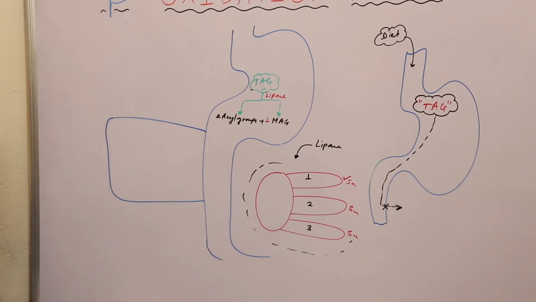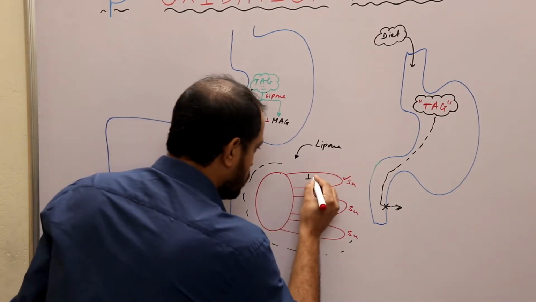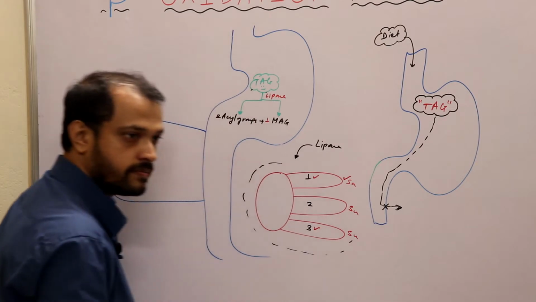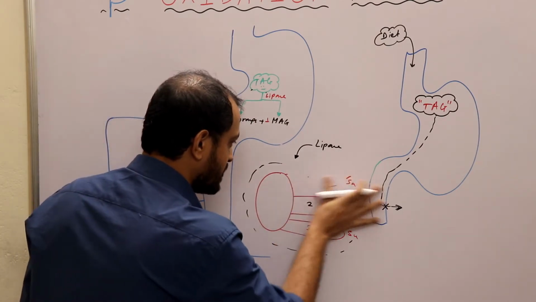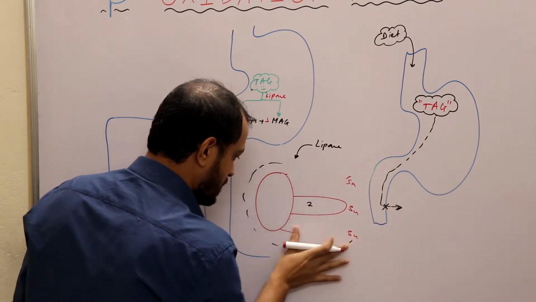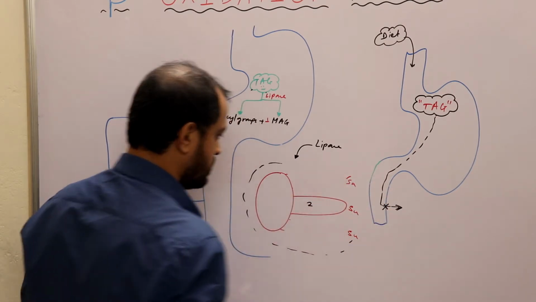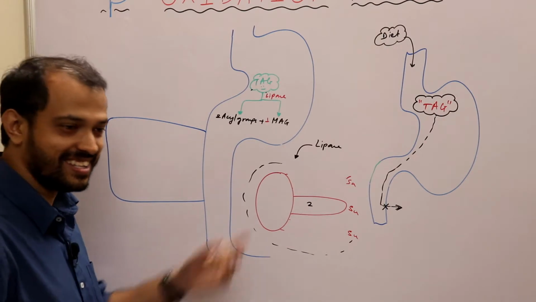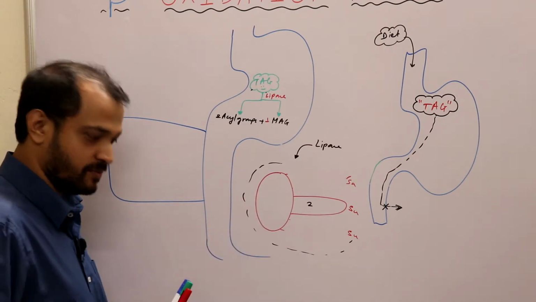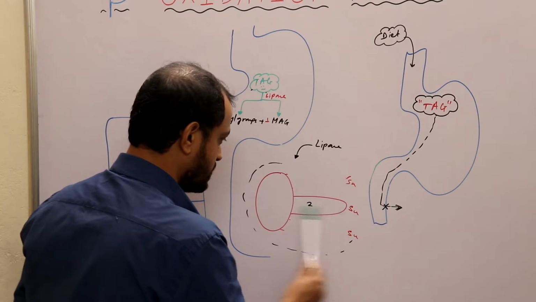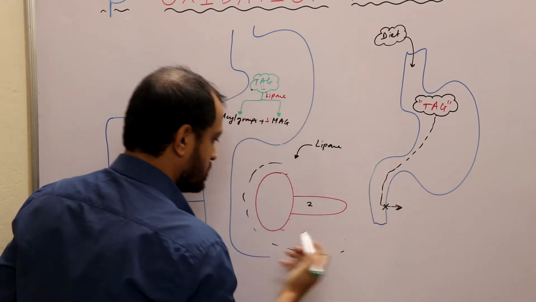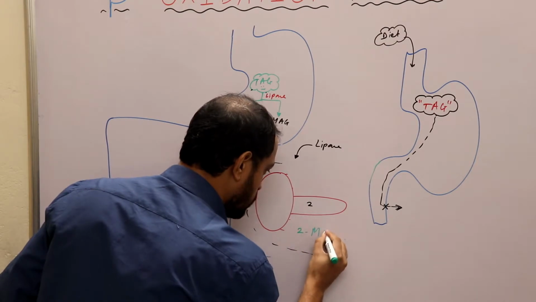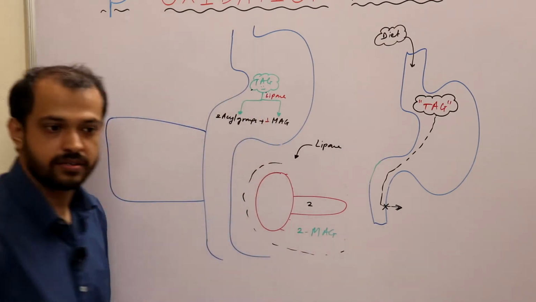Only 1 and 3 will be removed, and the 2 remains, which is a strange thing, but we will not discuss that. So this is known by the name of 2-monoacylglycerol. This is the correct name of this.